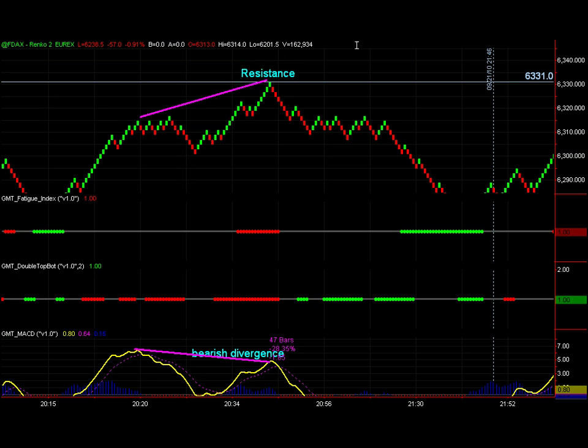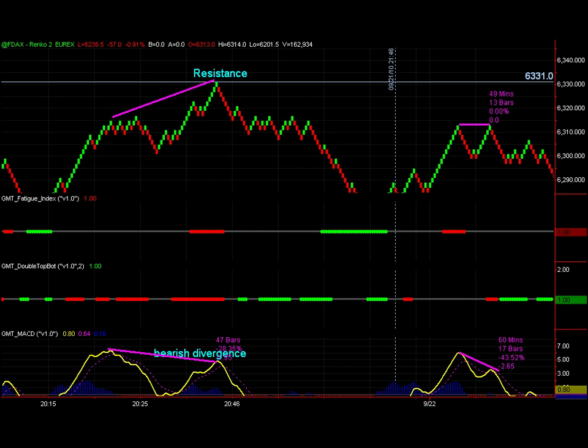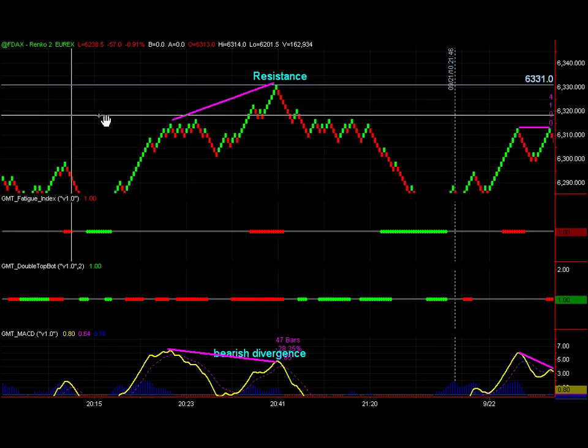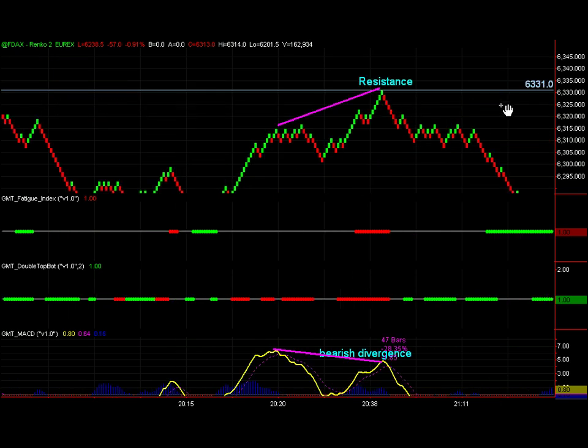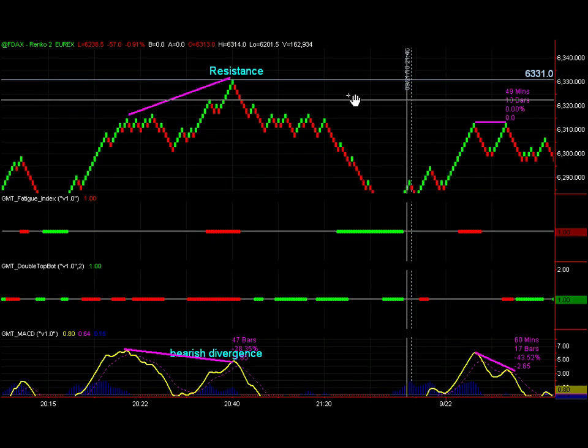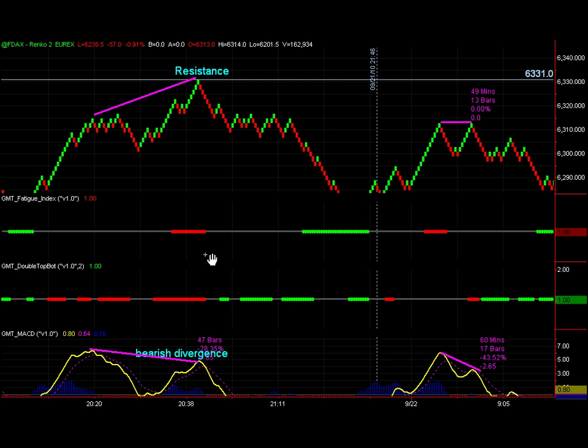If we tighten this up a little bit, you'll see it has picked up this area as a level of resistance, 6331, and it's telling us that we have bearish divergence, the market is setting up a double top or level of resistance, and the market is overbought.